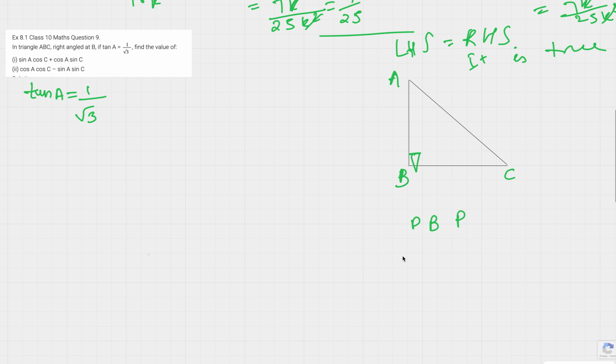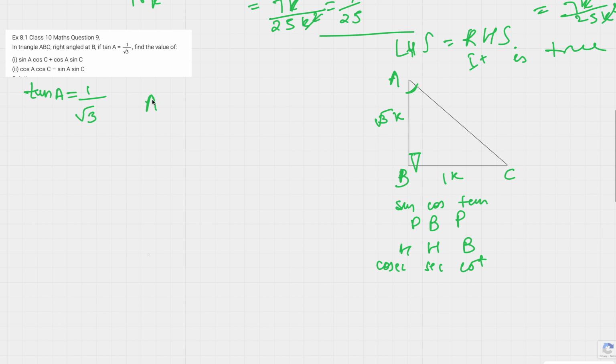This is our formula: sine, cos, tan, cot, sec, cosec. Tan is P by B. So this is A. P is this one, so it will be 1k, and B is this one for A, so this is root 3k.